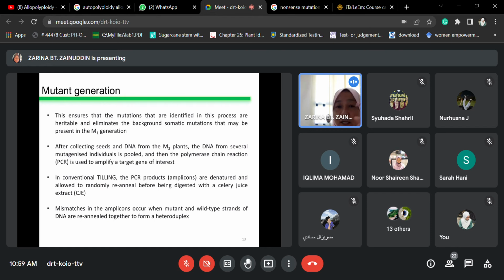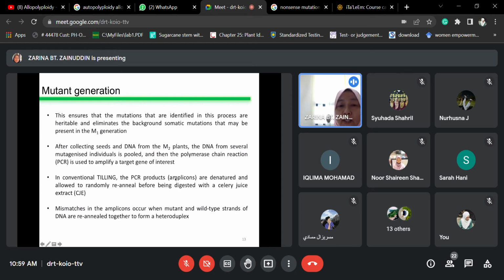So you collect the seed from the M2 plants and you extract the DNA, and the DNA from these mutagenized individuals is pooled. Okay, then using the technique of PCR, you try to amplify the gene of interest tadi, gene yang you dah disrupt tadi tu.